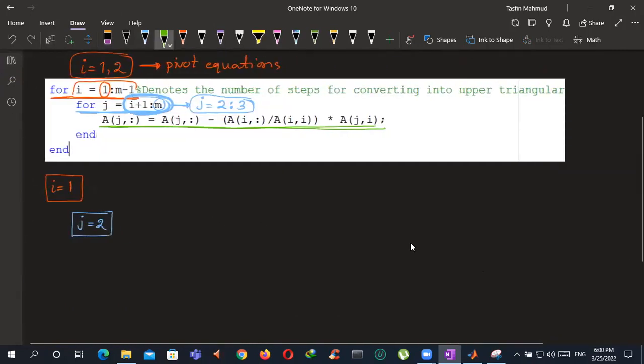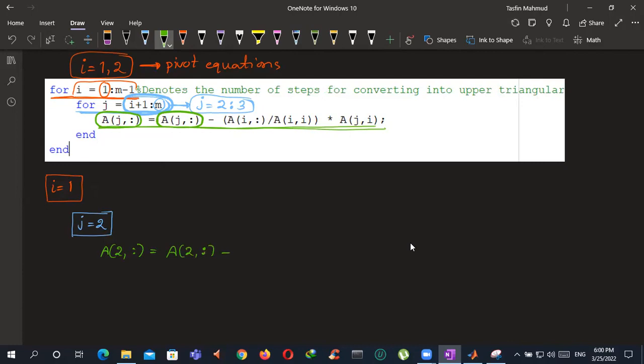So if I put the values of j and i here, what I will get is a j comma colon. Putting the value of j as 2, 2 comma colon equals a j comma colon once again, so a 2 comma colon. Then we write a minus sign, then a i comma colon.